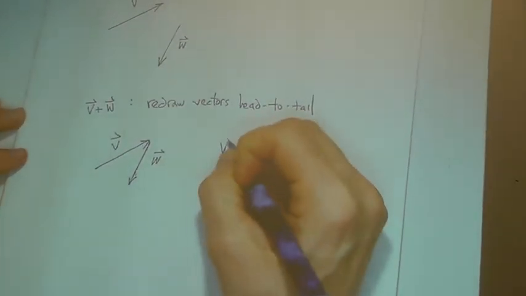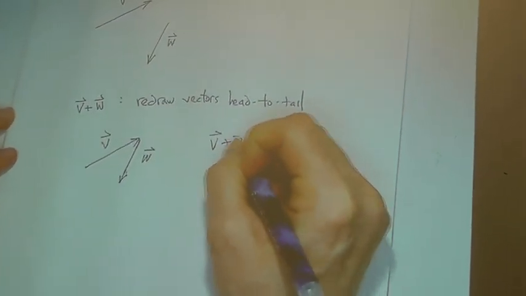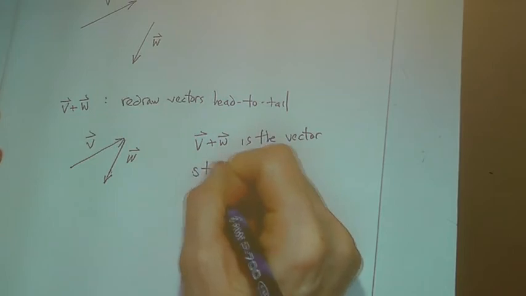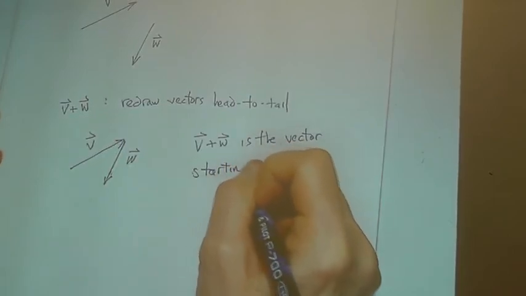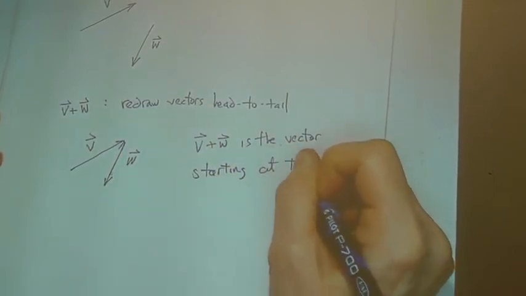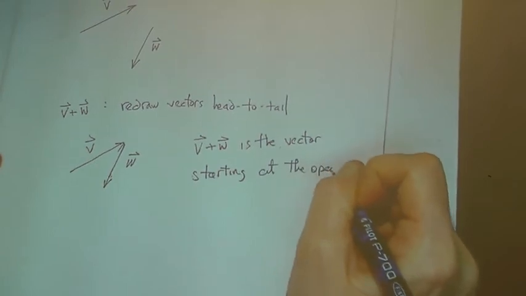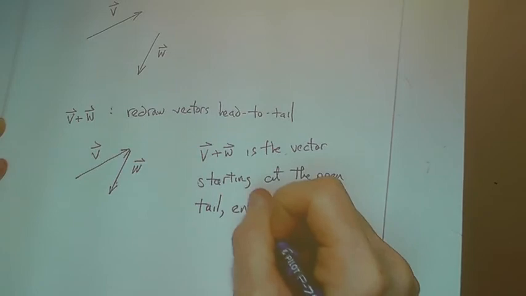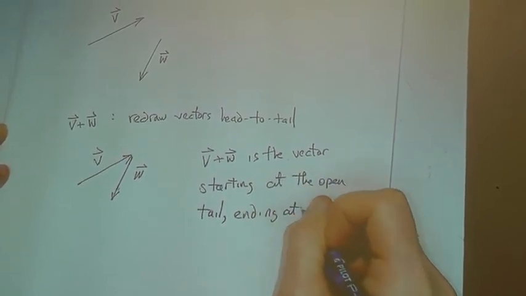V plus W is the vector starting at the open tail, ending at the open head.